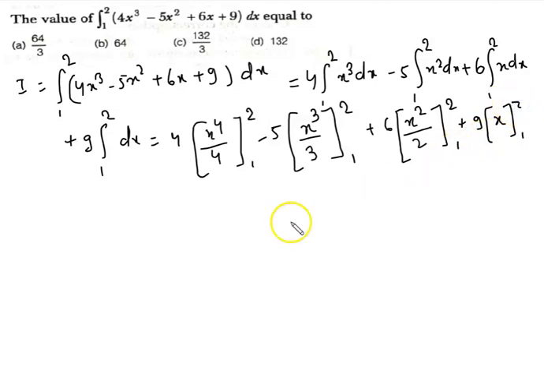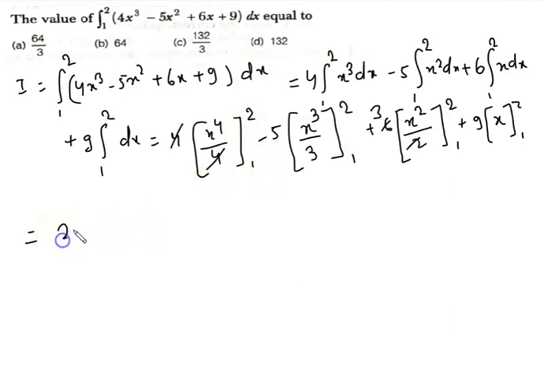Now I am going to put the limits, and we can cancel the terms, 4 with the 4 and 2 with the 3. First we put the upper limit, then the subtraction sign, and after that we put the lower limit instead of x.